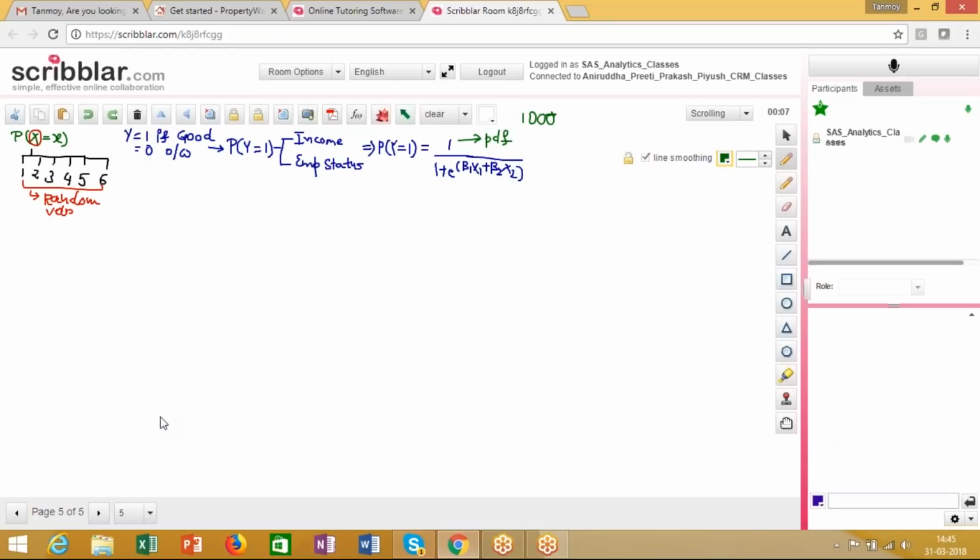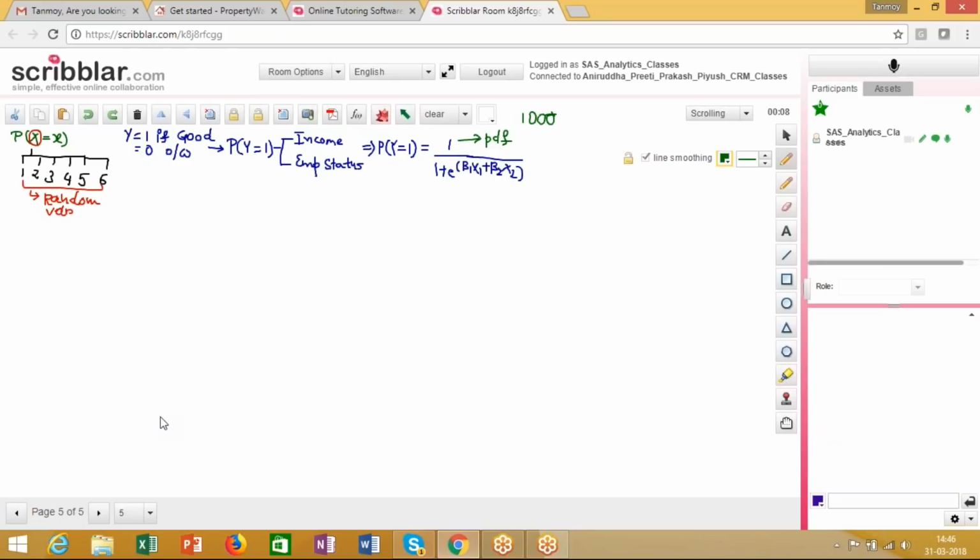And when I write the mathematical framework in a very generalized form, what I would get is called the probability distribution functions.